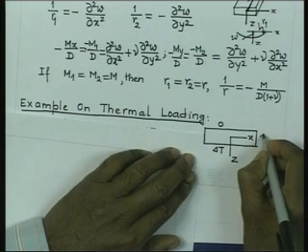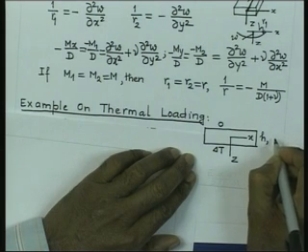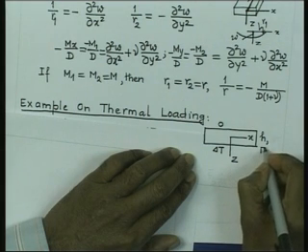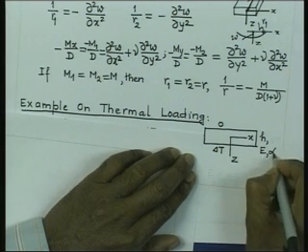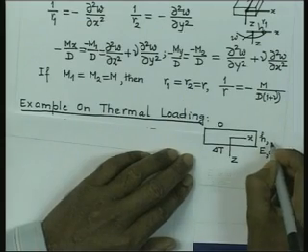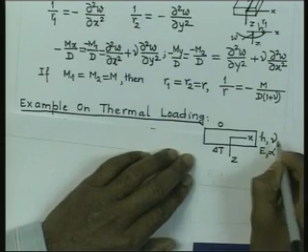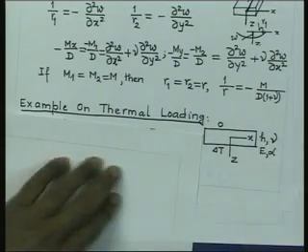And let us consider that height is equal to h and material constants are E and alpha, and of course, we will also have the Poisson's ratio nu.